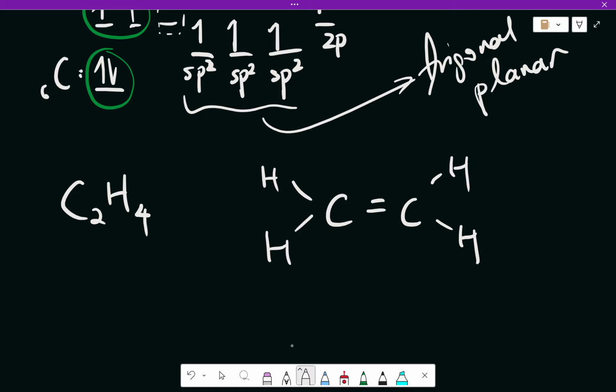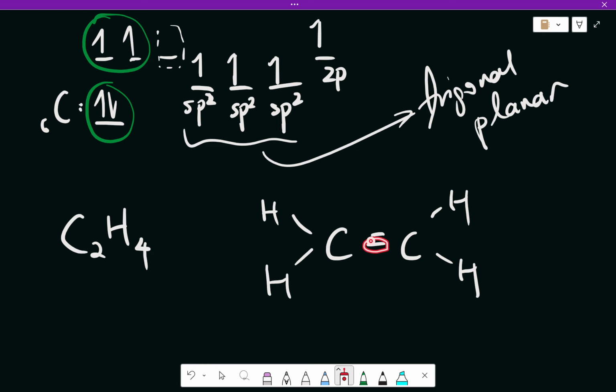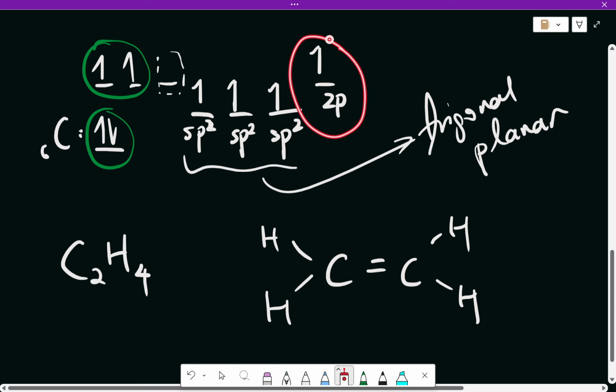The shape around each carbon atom is actually trigonal planar. And that explains how carbon can form 3 bonds to other atoms, because it has 3 half-filled hybridized sp2 orbitals. And this second bond is actually formed by this unhybridized 2p orbital.